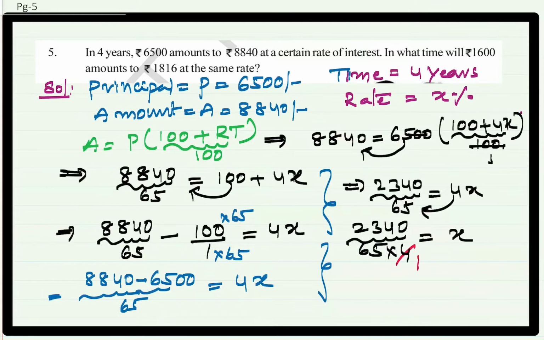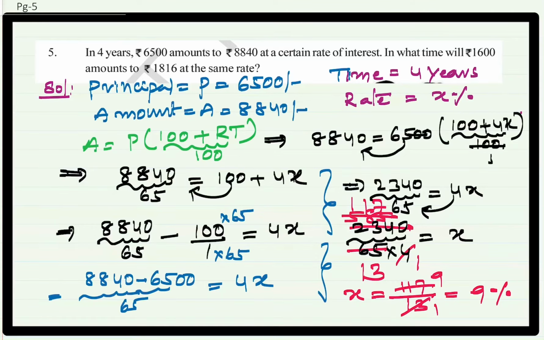First 4 ones are 4, 5 fours are 20, 3 is there 34, 4 eights are 32, and 24. 5 fives are 25. Next 5 thirteens are 65, 5 ones are 5, 5 ones are 5, 7. So now you can write X equal to 117 upon 13. 13 ones are 13, 13 nines are 117. So here you can write 9%.